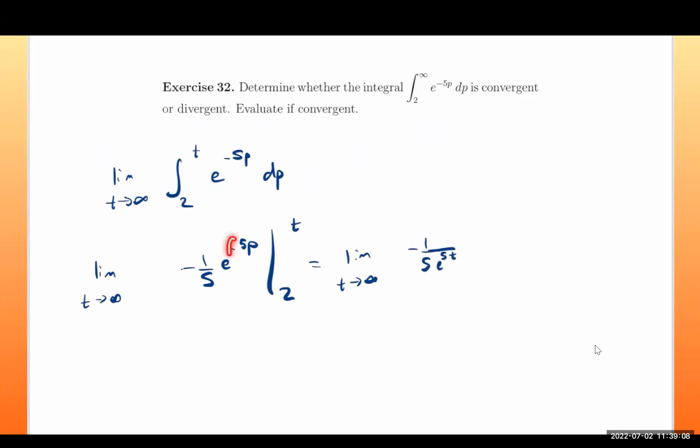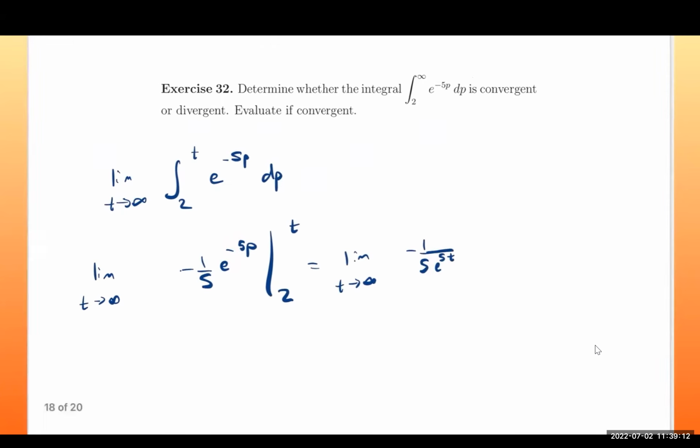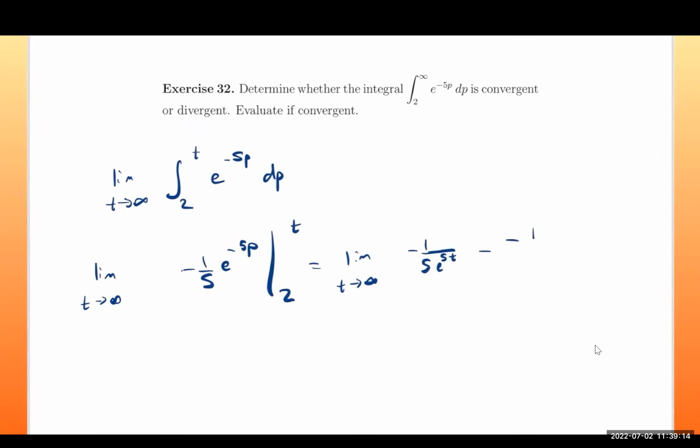I'm going to write this as e to the 5t in the denominator, since the negative exponent will move that to the denominator. And then minus negative 1/5 e to the negative 10. So the two negatives become plus again, same as before.